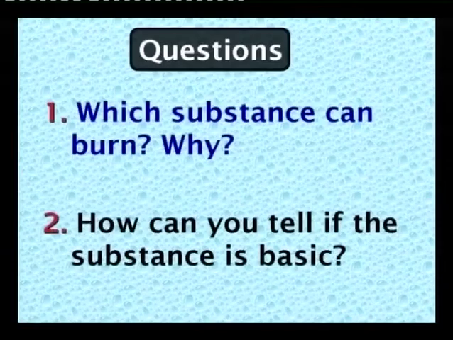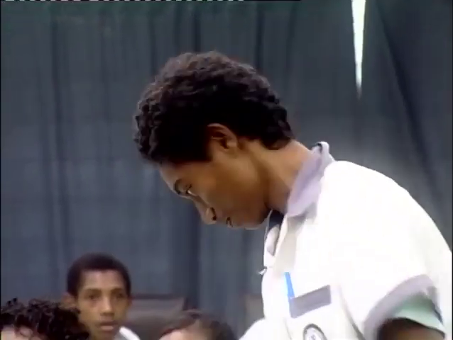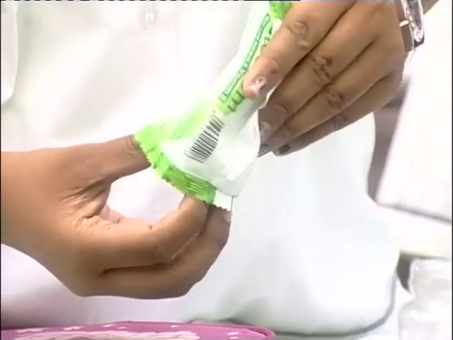Okay, what is it? Malcolm? Omo. All right, Omo is one. And those of you putting your hands up, what is another one? Bath soap. Okay, so the common one that you all can think of is the bath soap.